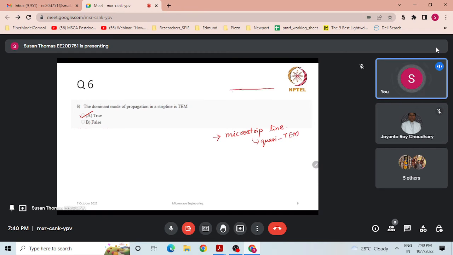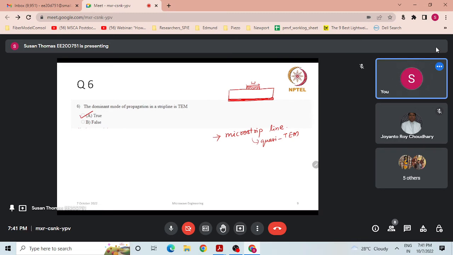Say if you remember the structure of a microstrip transmission line, you have a ground plane and then you have this conductor here. Conductor is having a width. The conductor width is smaller than the ground plane dimensions.